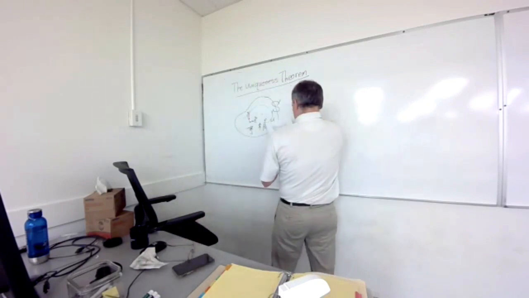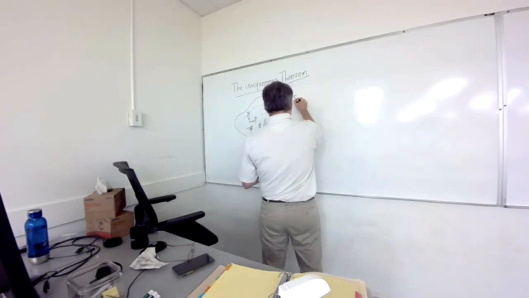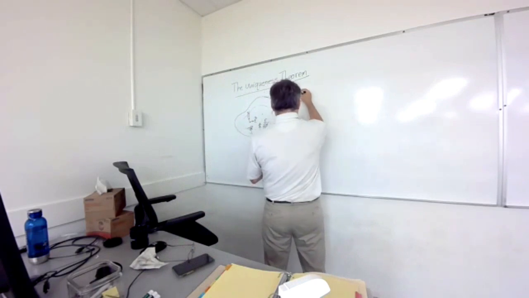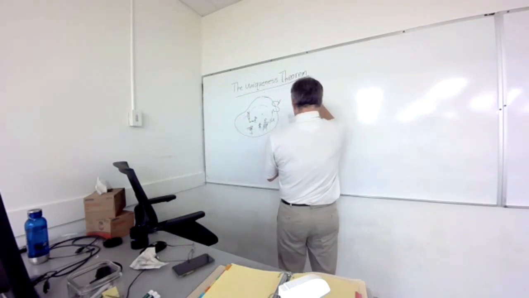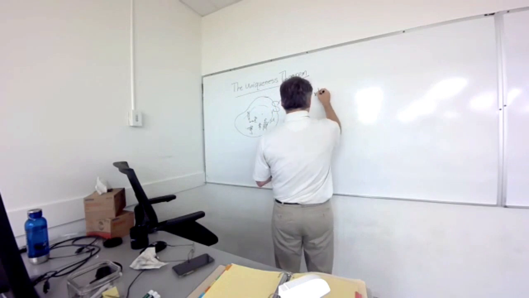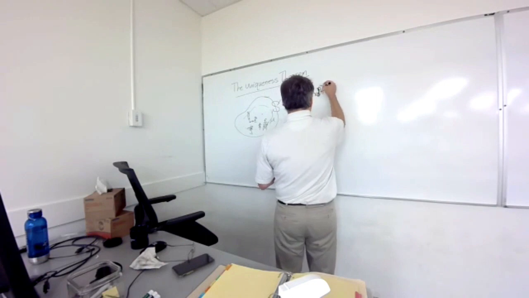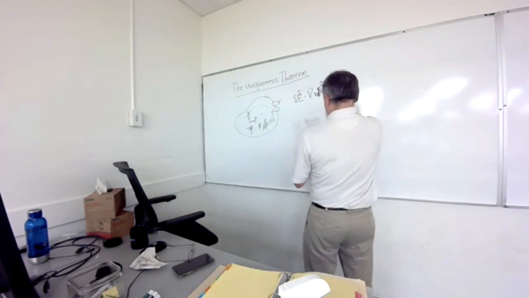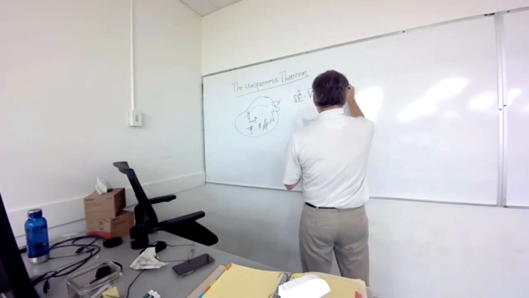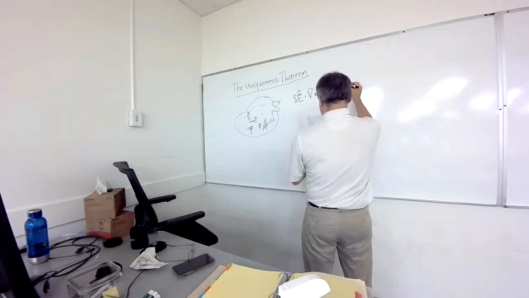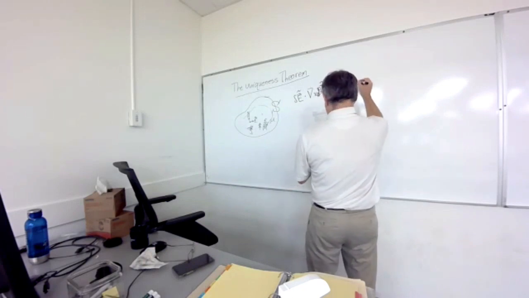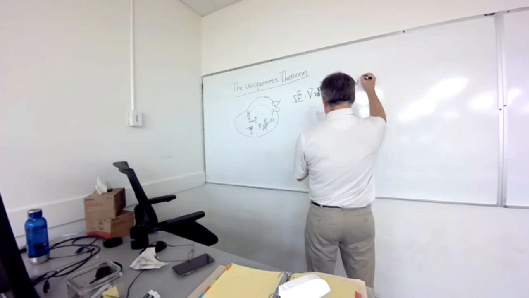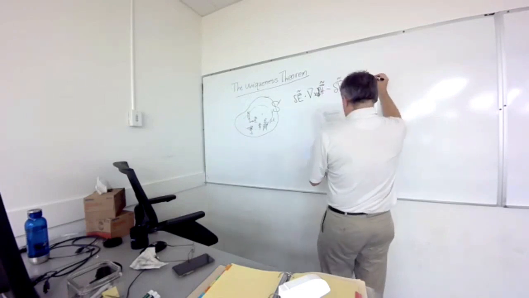So when I add both of those equations together, I get delta E phasor vector dotted into the curl of delta H phasor vector minus delta H phasor vector dotted into the curl of delta E phasor vector.